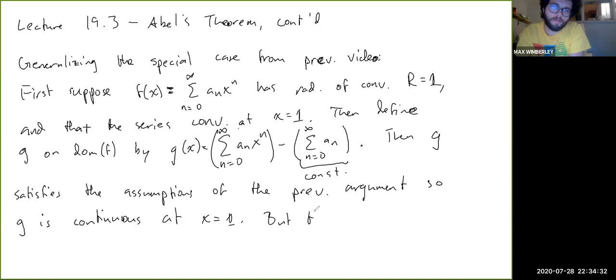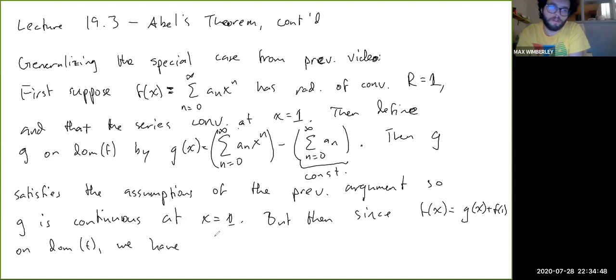But then, since f of x equals g of x plus f of 1 on the domain of f, we have that f is also continuous at x equals 1.